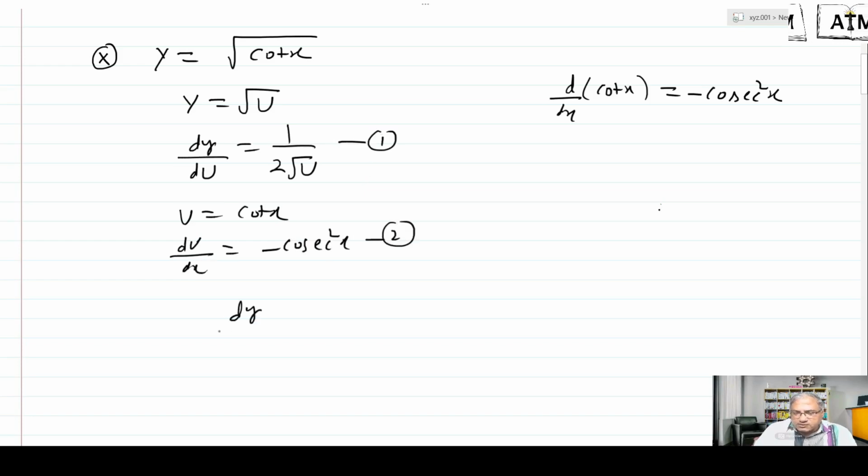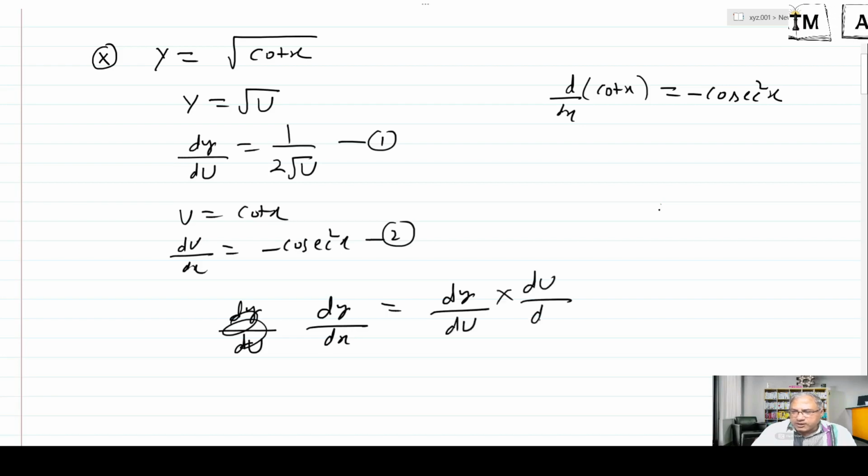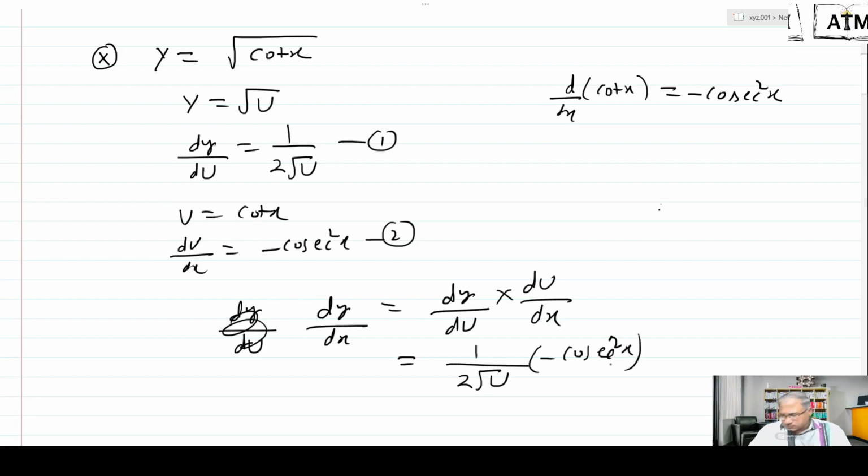Multiply both the results. dy by dx equals dy by du into du by dx. So dy by du is nothing but 1 upon 2 root u, and minus cosec square x.